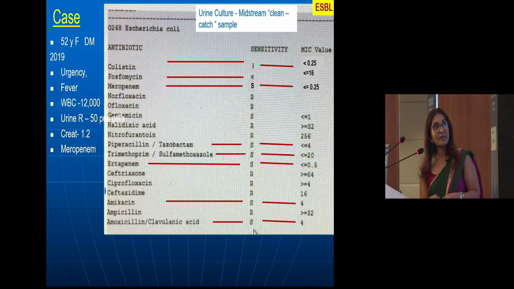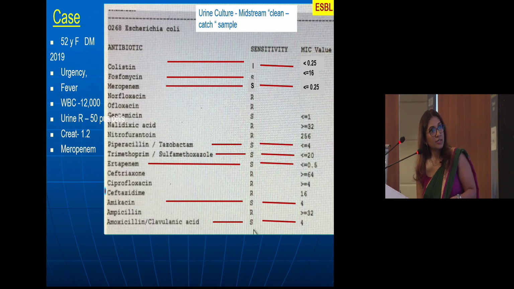Now, subsequently we have this urine culture which is positive, and this is a midstream clean catch sample, as we can see here, with the following susceptibility. We have Enterobacteriaceae, which is E. coli, with a significant colony count, and as we can see, ceftriaxone is resistant, ciprofloxacin is resistant, ceftazidime is also resistant.